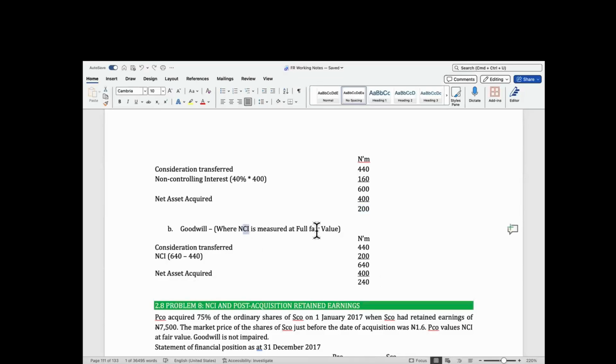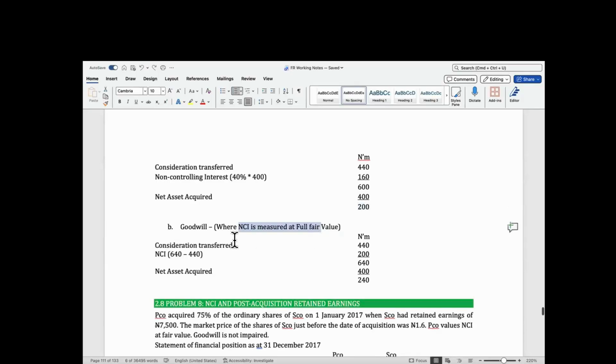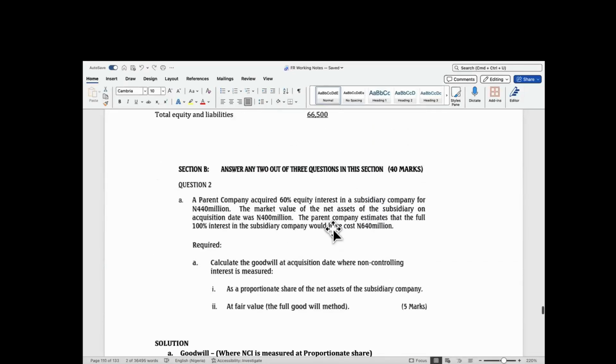But where NCI is measured at full or fair value, in that case, of course, my consideration transferred is 440, but for NCI at fair value, I just need to get the market value of NCI. I'm not given share price of the subsidiary, so I can't use that route. But I know that if I'm to buy the subsidiary 100%, I'm going to pay 640 million. But since I bought only 60%, I paid 440.